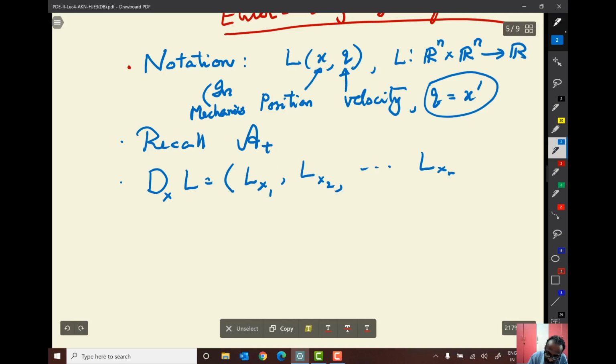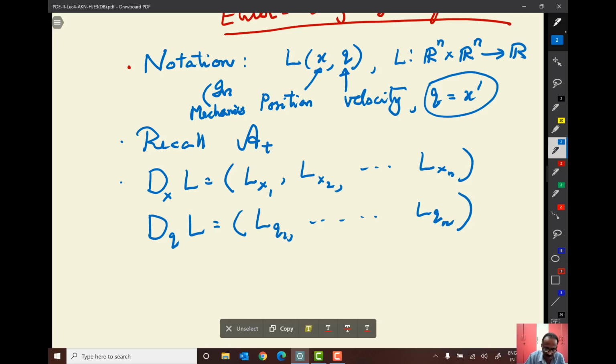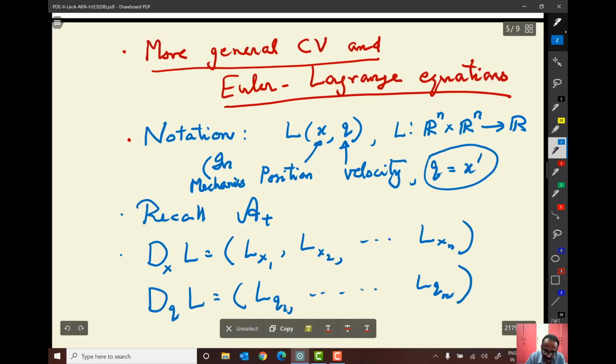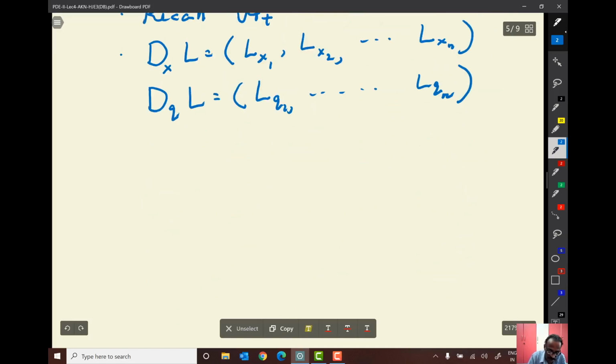Similarly I will have D_q L, the vector L_q1 through L_qn. So you have these notations to be used, and we continuously use them. L is called the Lagrangian.